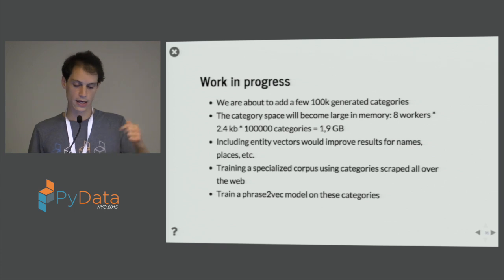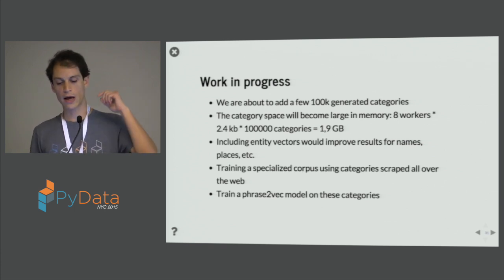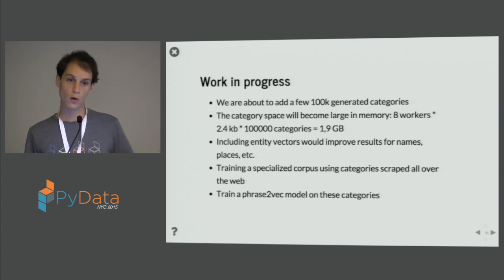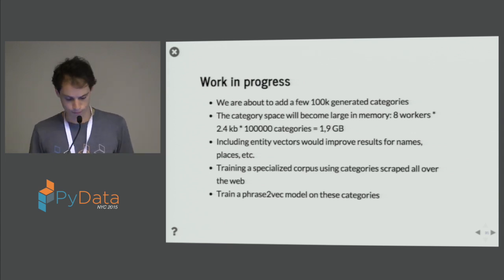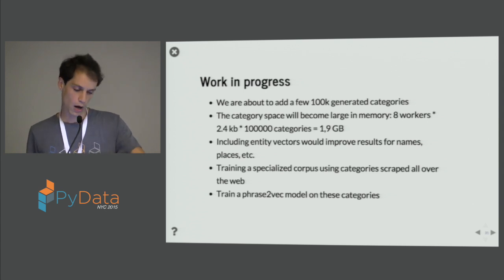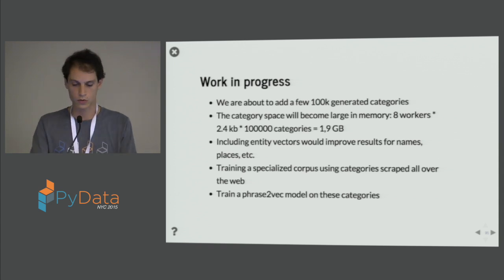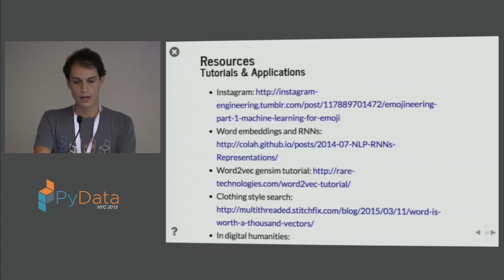And a last thing that I didn't mention is that once the category space becomes large, getting the similarity becomes slow. I've heard about the Annoy library that allows approximate similarity in the space, and we're also planning to try that.